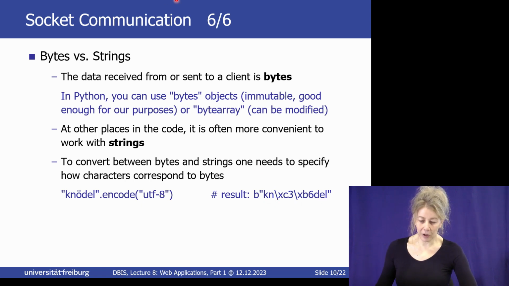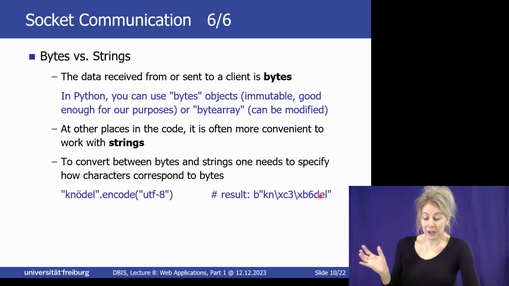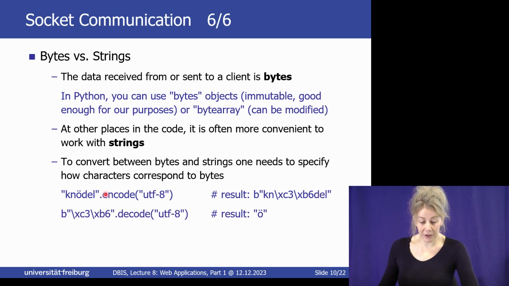And this is how a bytes object looks in Python: you just write it like a string, but prefixed with a b. So Knödel has 6 letters, but in bytes it has 7 bytes, right? That's very important. Very important. Great source of errors.